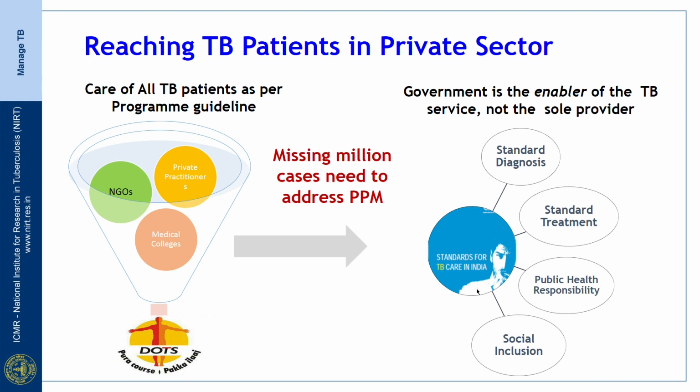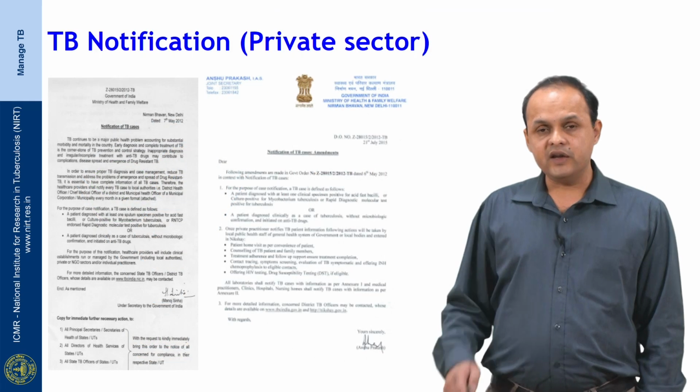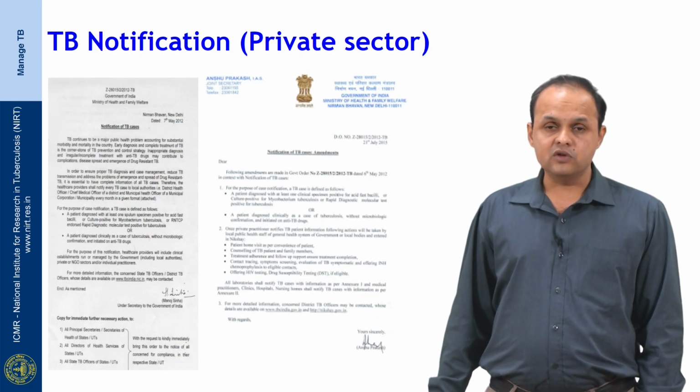So the patient seeking care in the private sector can also have access to free drugs and diagnostics, and society can benefit from the public health measures and the social protection measures available under the program for the patient. The government has made notification of tuberculosis a mandatory procedure.